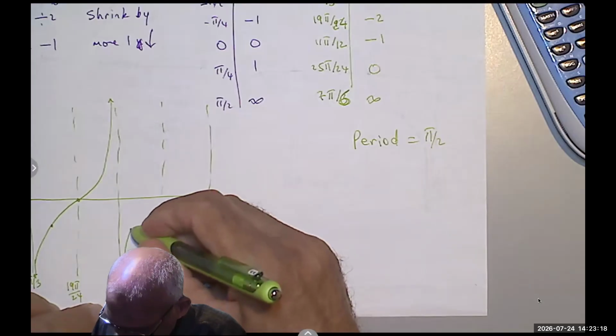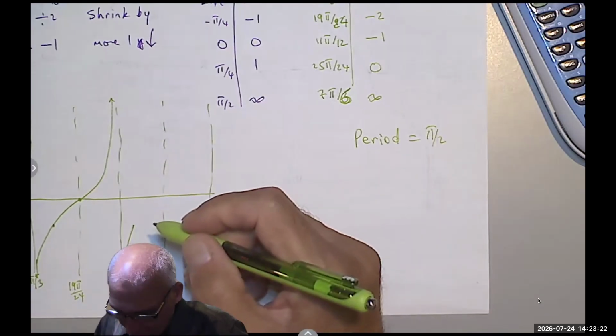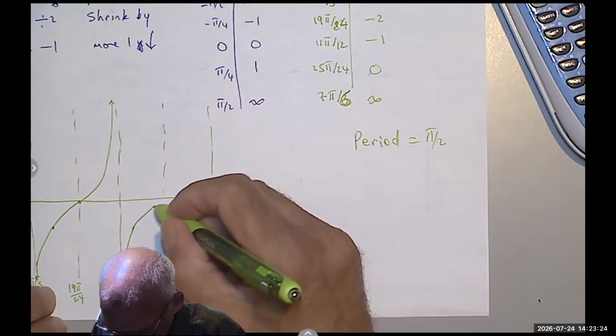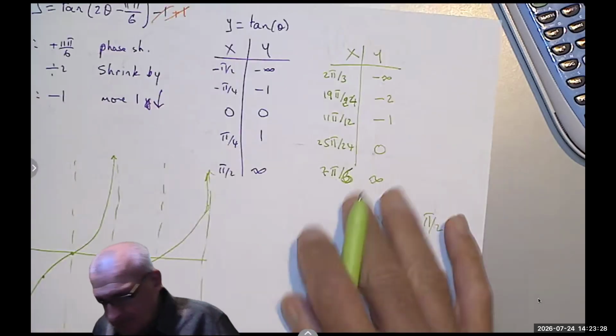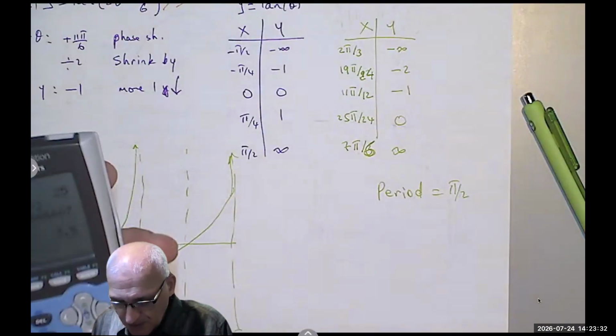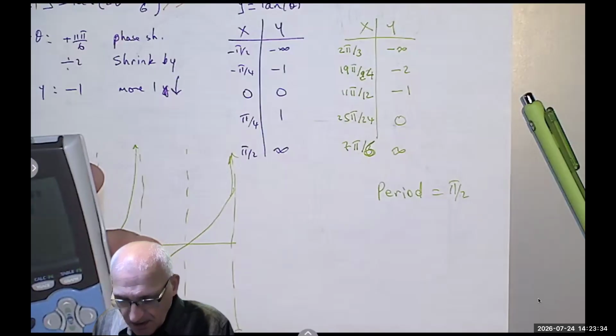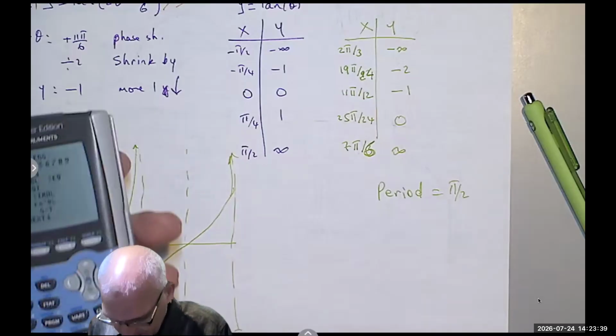We did a period of, just want to see that. Let me go to mode. I am in degrees, so let me change that into radians.